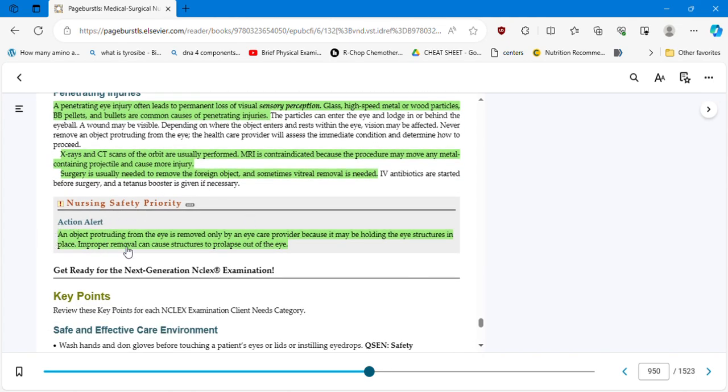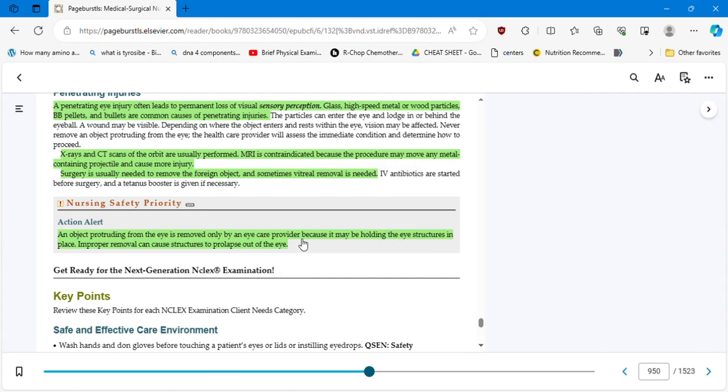An object protruding from an eye is removed only by an eye care provider. And this is very important. Do not touch a patient that has an object in the eye. This must be removed by a provider. They have specific tools.